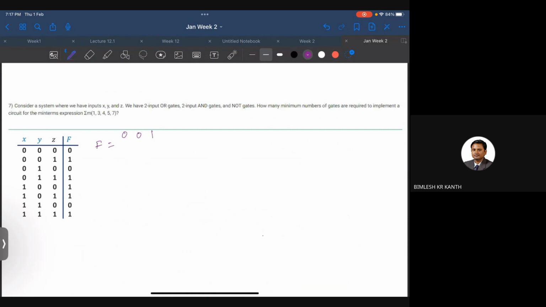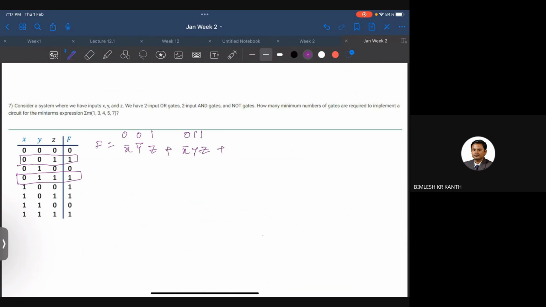This min-term is x bar, y bar, z. Plus 3 is given. 3 means 0, 1, 1. So 3 will be x bar, y, z, right?